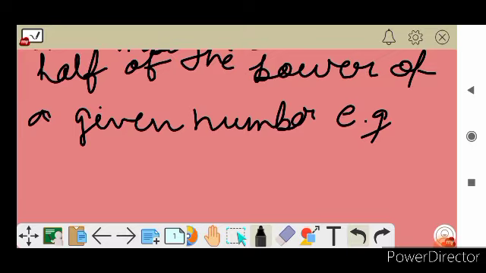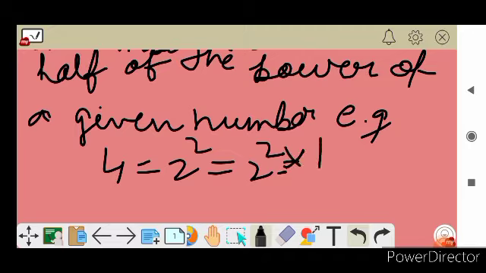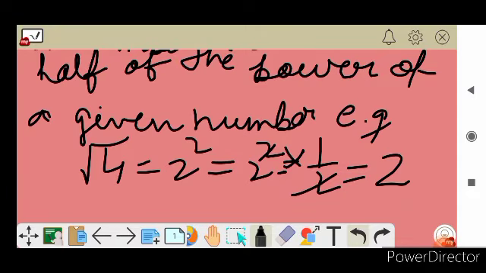For example, 4 equals 2 square, equals 2 raised to power 2 multiplied by 1 upon 2. 2 cancels with 2 and we get the answer 2. So the square root symbol is like this.